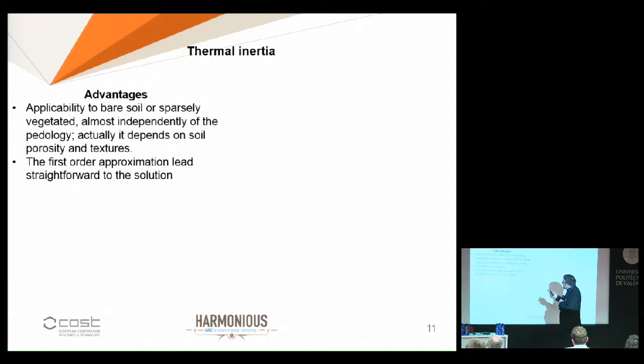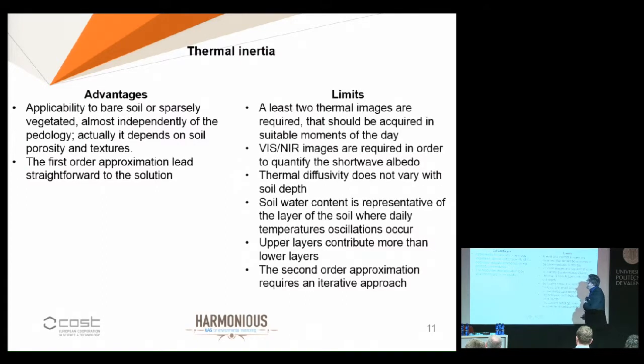And if we use the first order approximation of the temperature equation, the solution is straightforward. Otherwise, if we would like to describe better the temperature behavior of the soil within the day, we need to use the second order approximation, and the solution is not straightforward, it is an iterative solution.